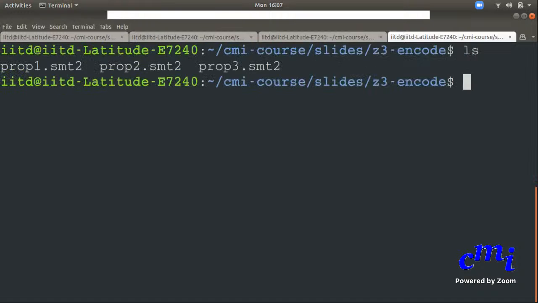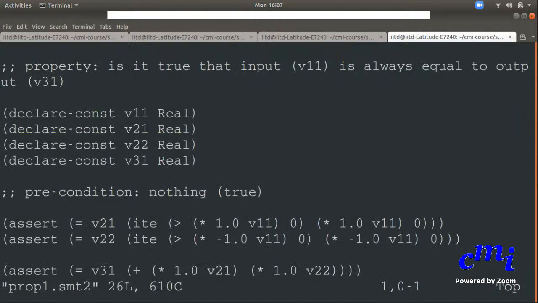Yes. Earlier when Diganta was explaining this, he had shown that there are properties that you can specify and verify, for instance using Z3 solvers. In this network, you can ask whether the input is always equal to the output, and it's possible to encode this.